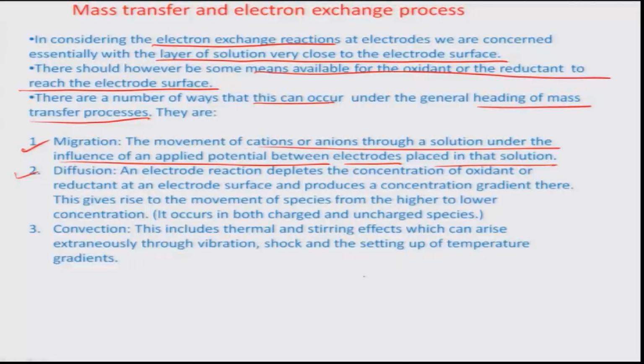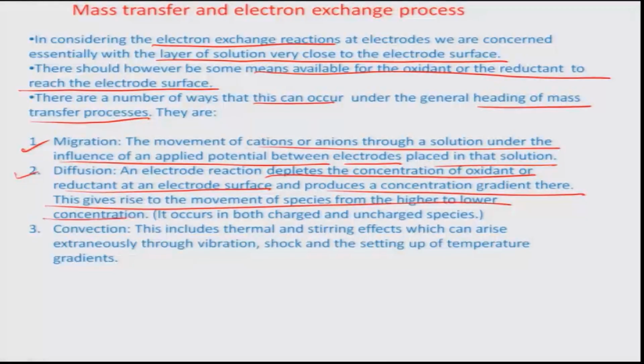The electrode reaction depletes the concentration of the oxidant or reductant at the electrode surface and produces a concentration gradient there. So, this gives rise to the movement of species from the higher to the lower concentration. It occurs in both charged and uncharged species. And then we have convection, which is again because of thermal or stirring effects, which can arise extraneously through vibration, shock, or the setting up of temperature gradients within the electrolyte.